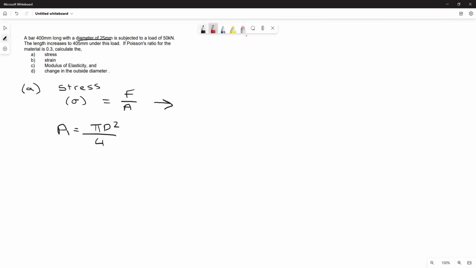So for this particular question, we have been given a force of 50 kilonewtons, so 50 times 10 to the 3. And then the area would be pi multiplied by the diameter, which in this case would be 25 squared over 4.